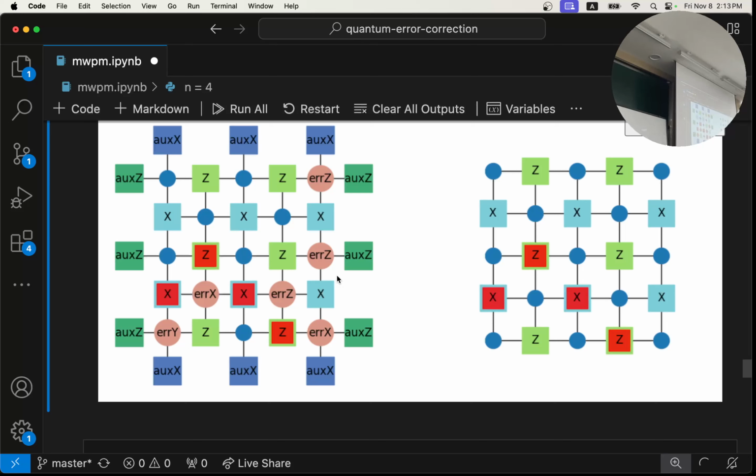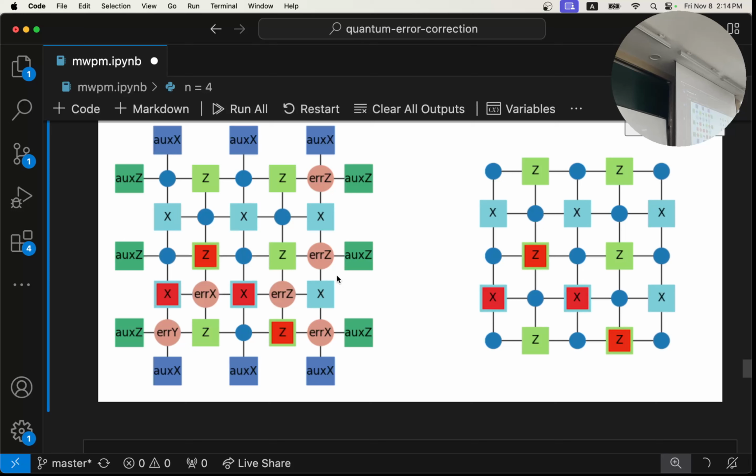So how about here? It says that across this data qubit, the X stabilizer has changed its readout. That means it detects a Z error in a nearby data qubit. The best guess is that if you had a Z error here and a Z error here, you could detect it this way. Z error here makes a change on the readout here, and Z error here changes the readout of the X stabilizer here.